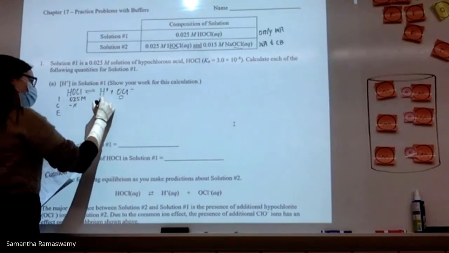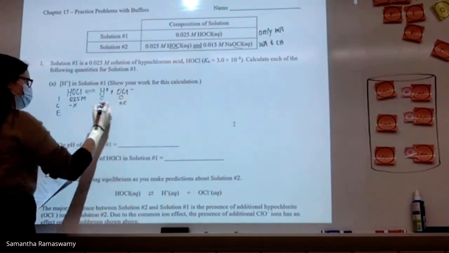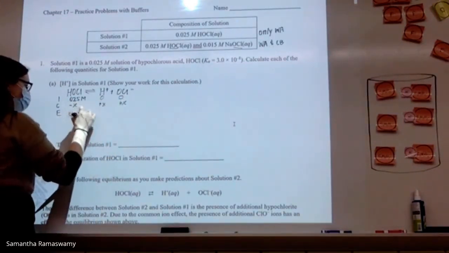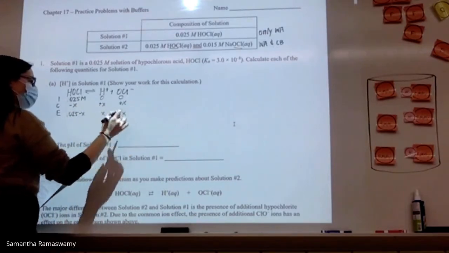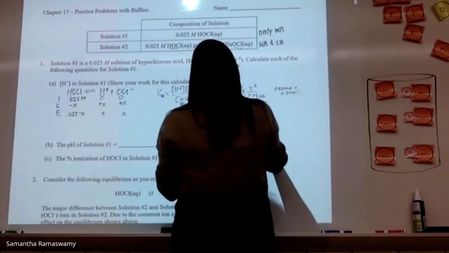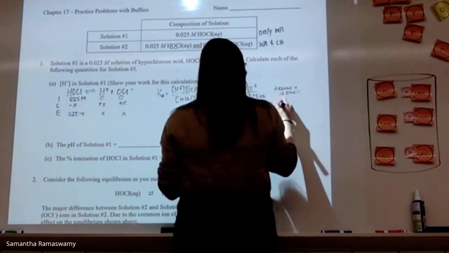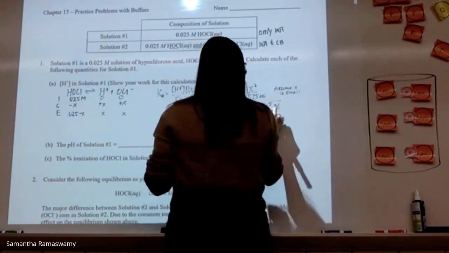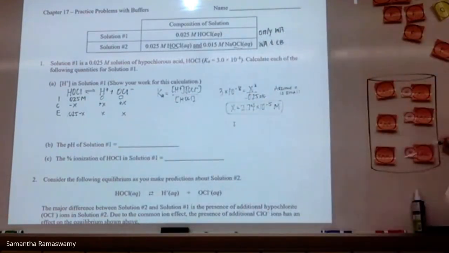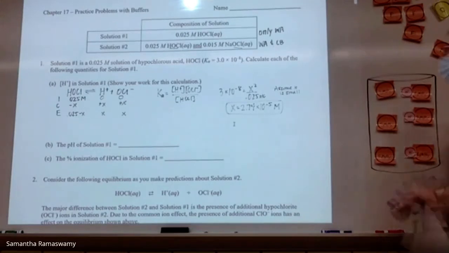See if you can plug this into the Ka expression and solve for the H plus concentration. I got an H plus concentration of 2.74 times 10 to the negative fifth, because X is H plus.